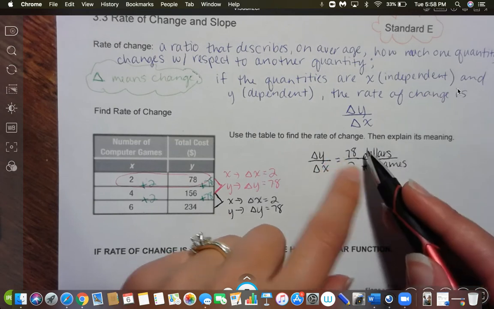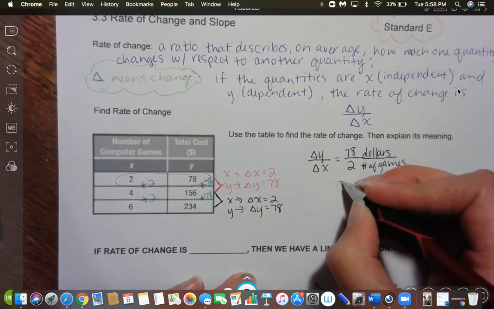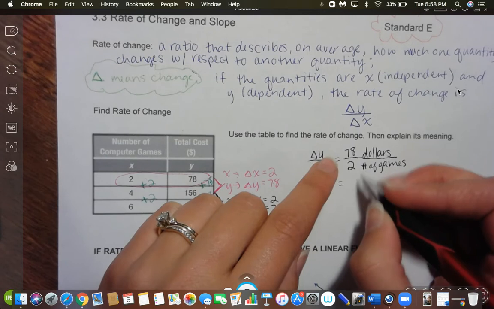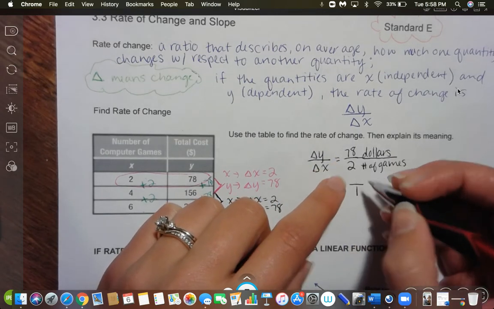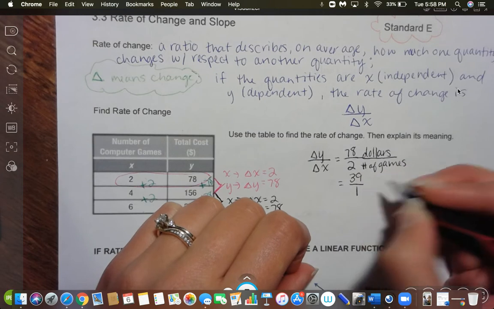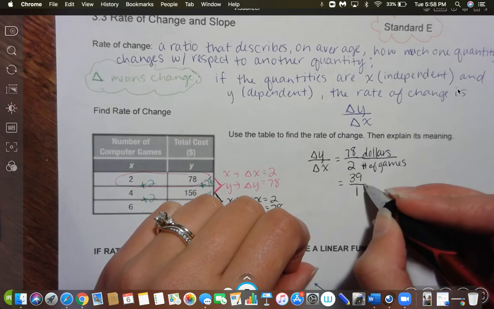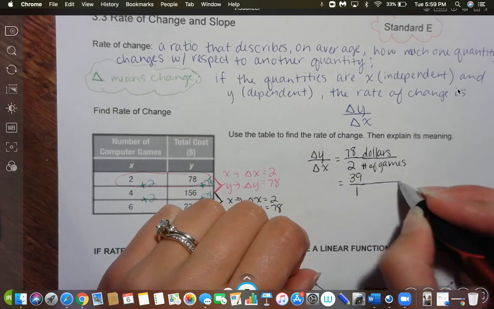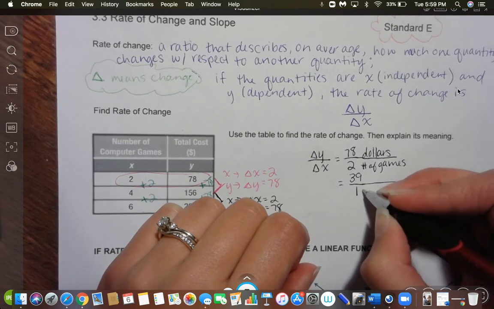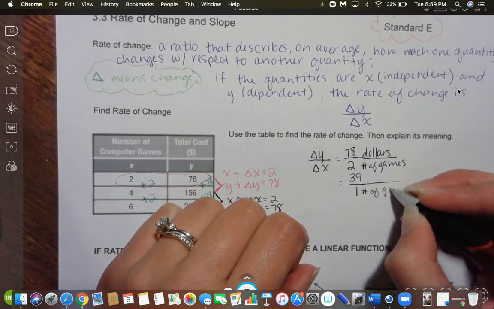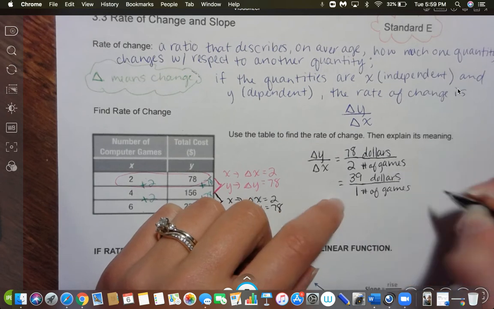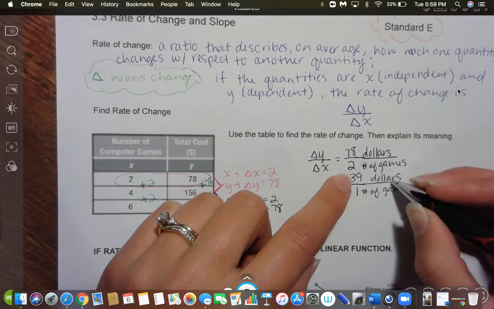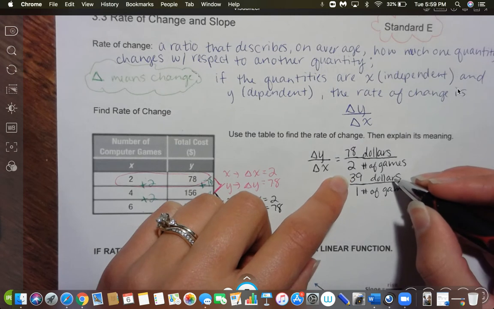Now, 78 over 2, that's a ratio that we can reduce. They're both even, so if we divide 2 by 2, we get 1, and if we divide 78 by 2, we get 39, right? So that would be also the rate of change, just simplified. So same units, number of games, and dollars. So that means every time you add 1 game to your cart, you're adding $39 to your final cost.